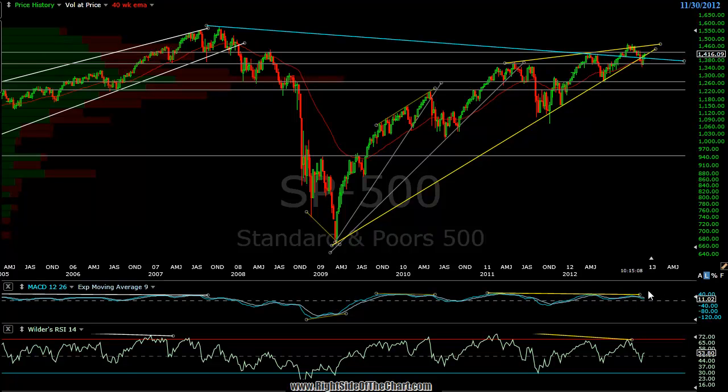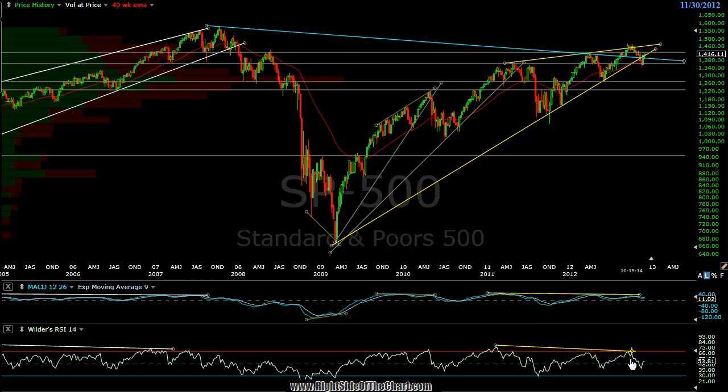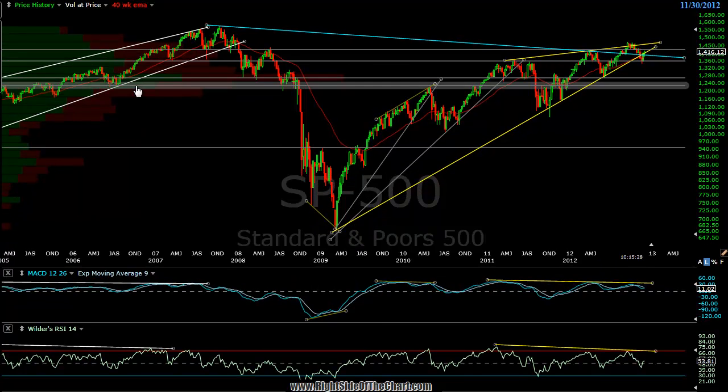In other words, have the MACD turn back up, the RSI take out these downtrend lines. Let me show you here. If the RSI were to come up past these trend lines here, as well as the MACD, that would pretty much tell me that these divergences have been negated.